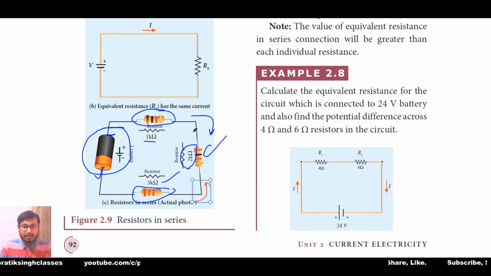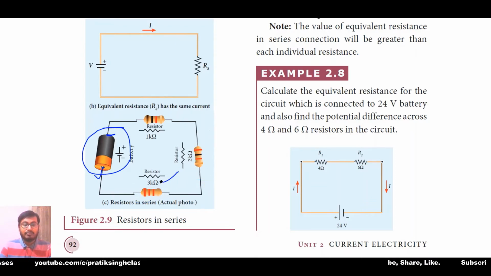So I hope you have understood it very well, the first figure and the third figure. In the first figure we just have used the symbols, and in the third figure it is the same, but here we have used the real resistors and batteries, as you can see here. About the resistor, we will see different color codings: when we change the value of the resistor, its color changes.